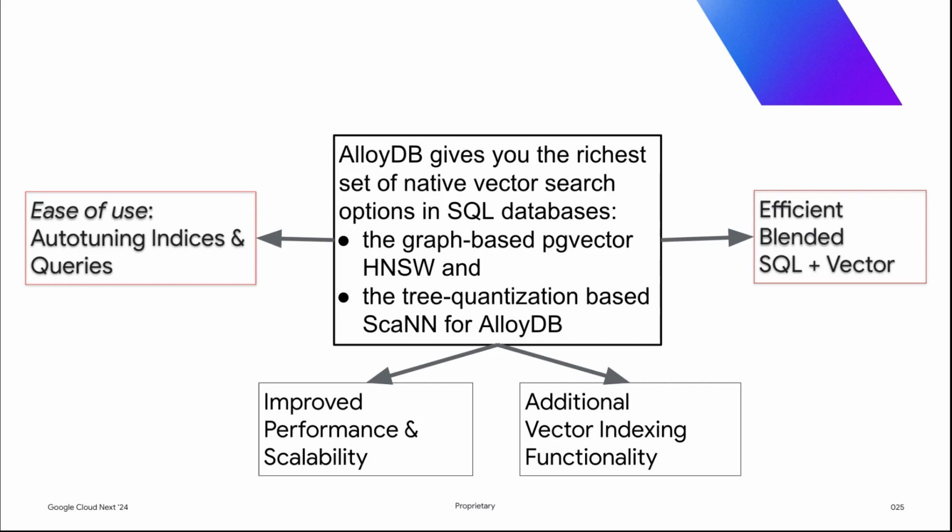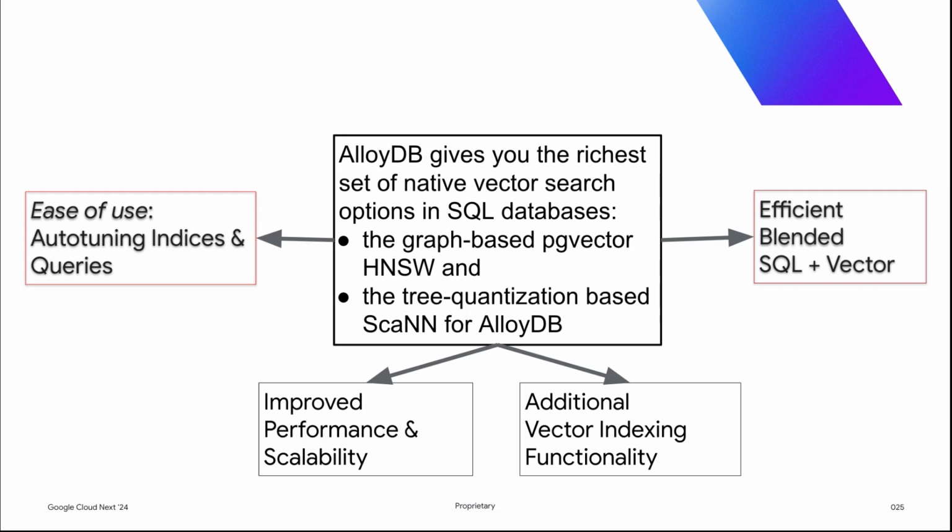Number two, we have heard from our customers that they have vectors, but of course they also have structured data, and many queries involve both access to structured data and also the vector. So we are working on making these queries much more efficient.